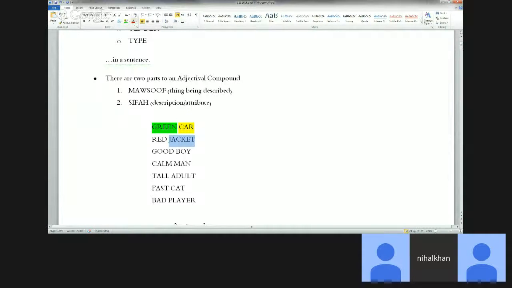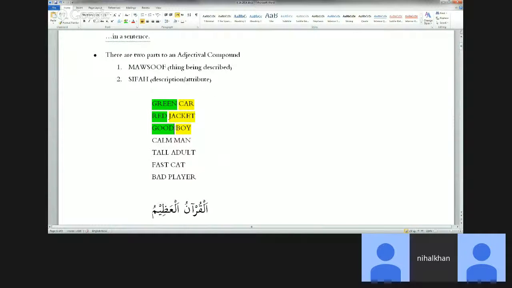The jacket is being described, and red is the description. The boy is being described, and good is the description. Similarly, calm man, tall adult, fast cat, bad player.